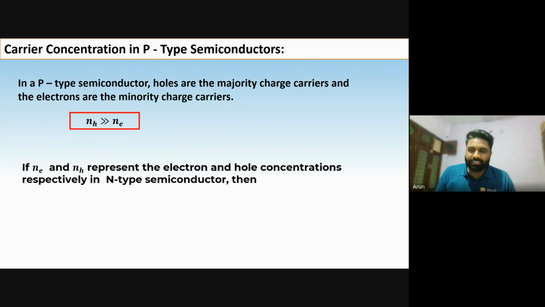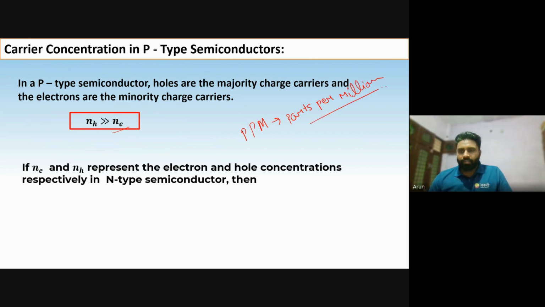The same relation holds: the number of holes per unit volume is very much greater than the number of electrons, because of that acceptor impurity, which can accept the electron and already has a vacancy. We dope in ppm, which is parts per million.